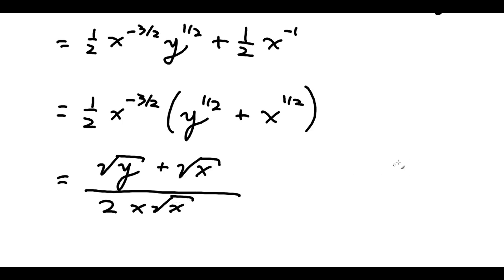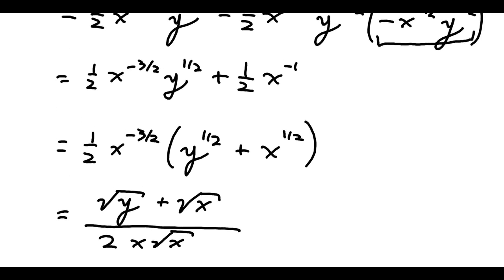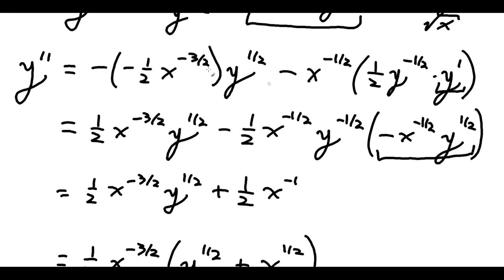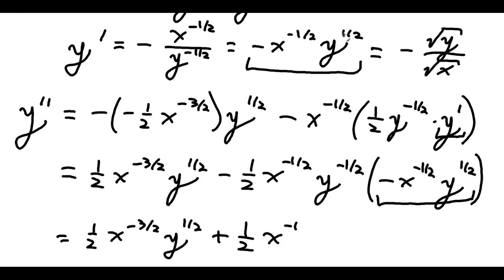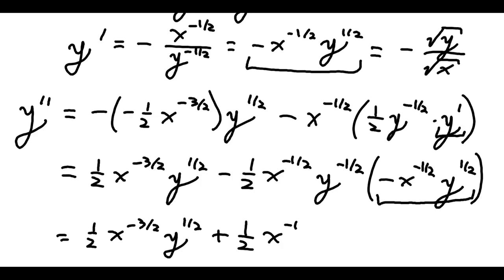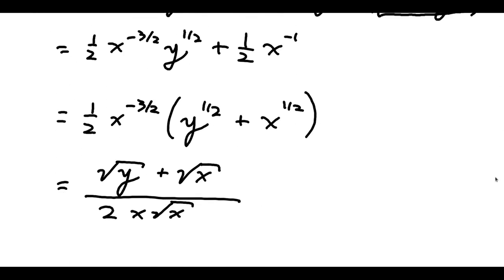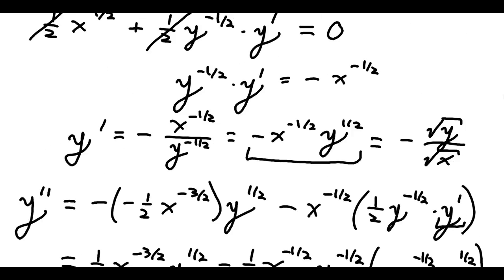Except, just as we did here when taking this derivative and we got this y prime here, we don't want to be stuck with a y prime. We look for ways to simplify things. We know what y prime is, so we can substitute that in and simplify. Well, we have square root of y plus square root of x divided by 2x radical x.